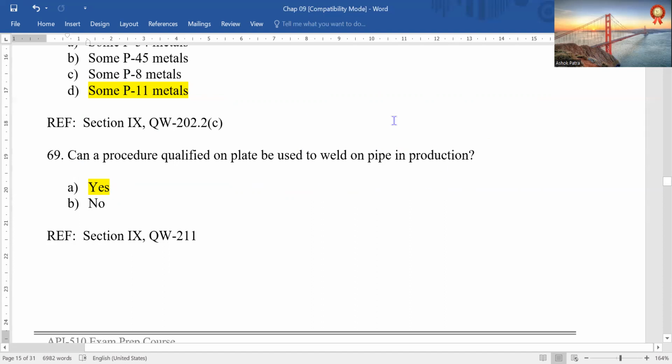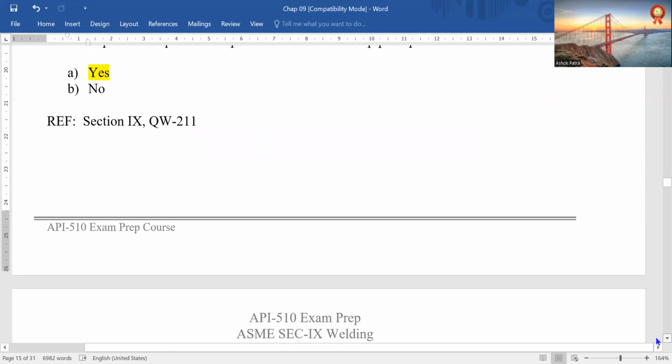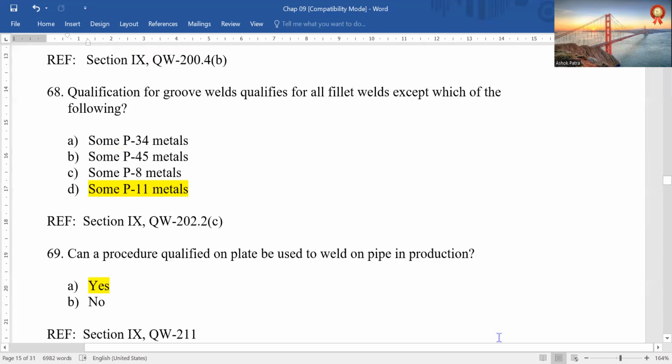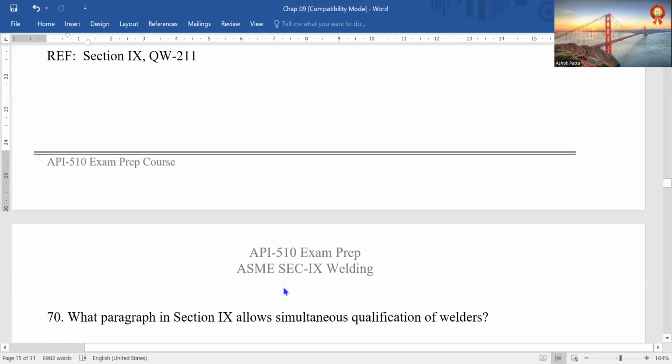But it is qualified above some 24-inch; less than that is a problem. But it is a procedure, so it is no problem. So you can qualify your welders in pipe. Procedure is okay.